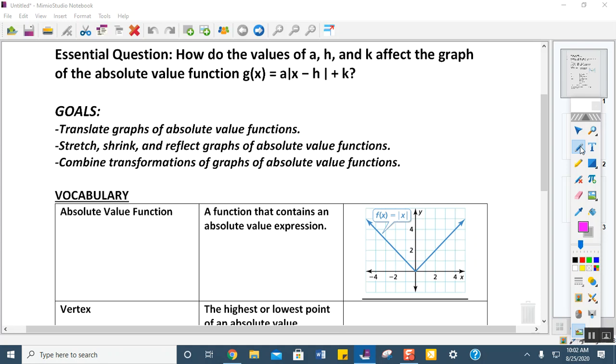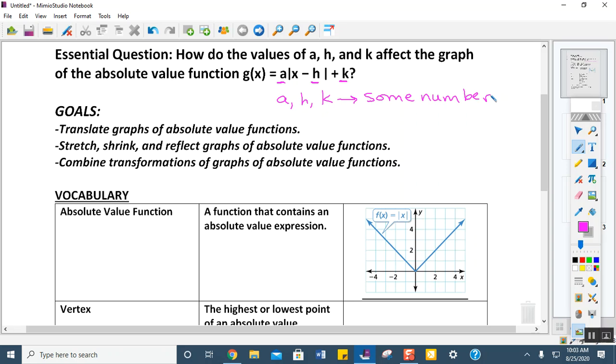Anytime you're dealing with A, H, and K, they are all going to be some number. We'll explore some of this when we get through the vocabulary. But this is going to be the general form for any absolute value equation.